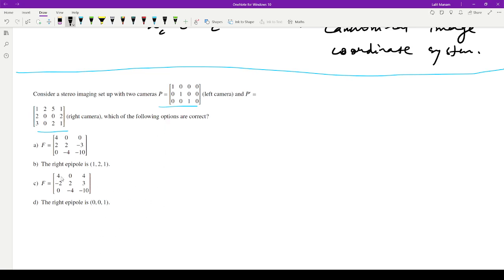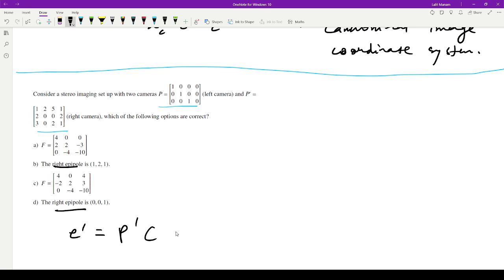First we'll try to find the right epipole, which I think is relatively easy. What is the right epipole? E prime equals P prime into C, right?